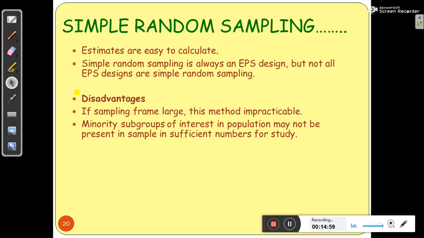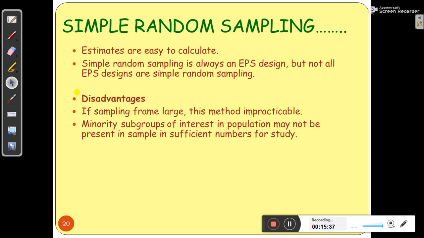Disadvantage is that if the sampling frame is large, this method is impracticable because it will lead to inefficiency of the process. Minority subgroups of interest in the population may not be present in the sample in sufficient numbers for study.